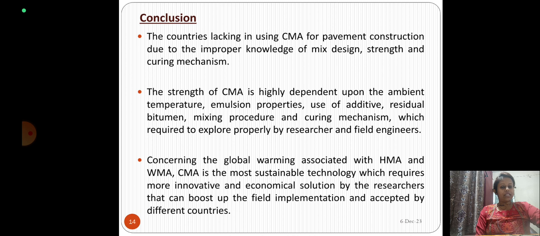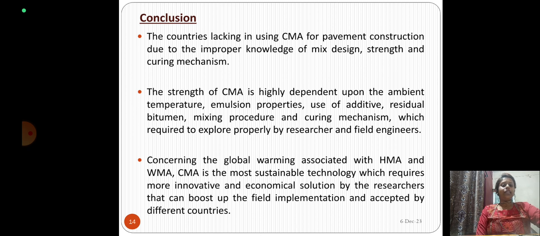In most of the cases we have observed that for cold mix construction, there is no heating, so there is zero greenhouse gas emission, which is significantly increasing its demand globally. And most of the countries are doing research in improving the strength and reducing the drawbacks of cold mix related to its strength and durability.